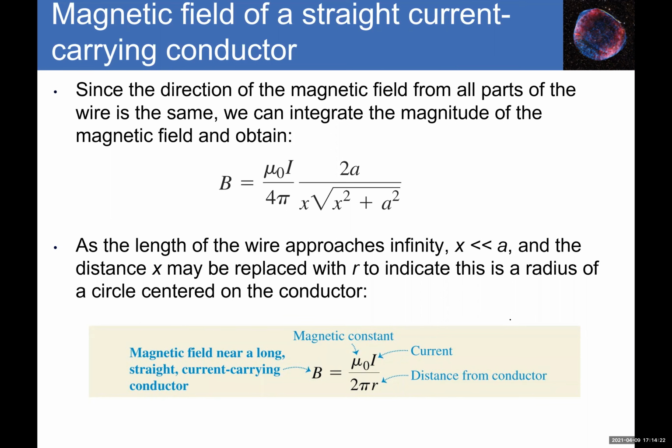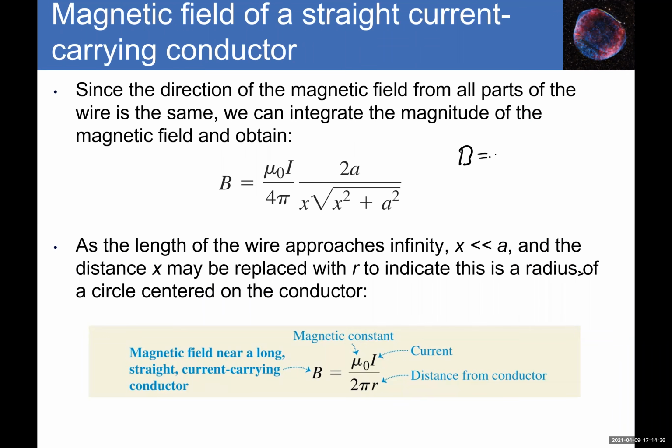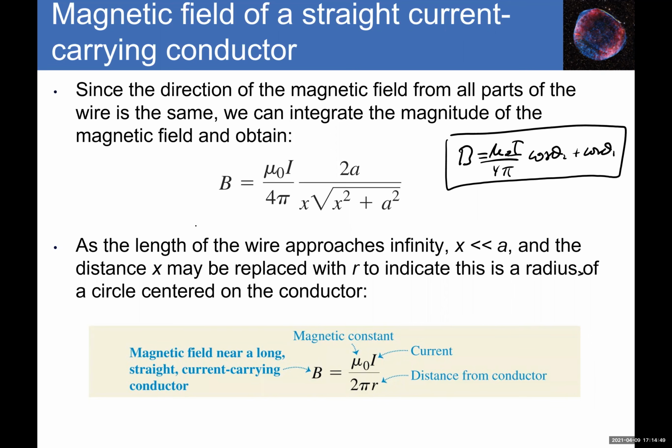All right, so the idea here is the magnetic field will basically be equal to, sorry about that, guys, mu naught I over 4 pi x, then cosine of theta 2 plus cosine of theta 1.